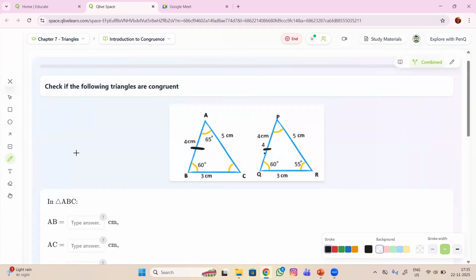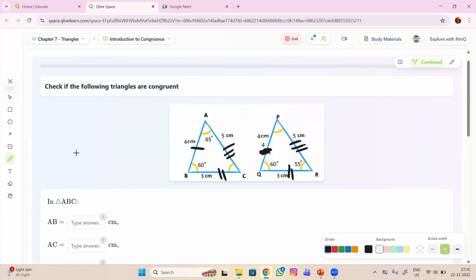That is also 4 centimeter. And the side BC, what is the side equal to BC in triangle PQR? Very good, QR. QR is 3 centimeter. And obviously the third side is equal to this one, so AC equals PR.